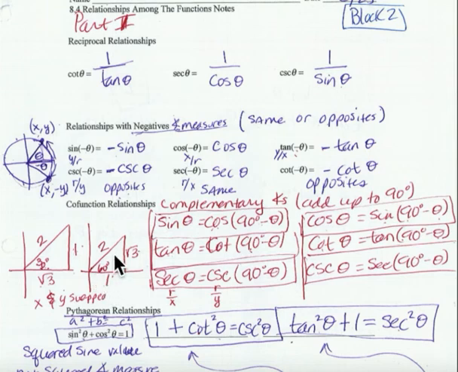If I put a 60-degree angle in quadrant 1, now the x and y coordinates have swapped, because now the opposite of the 30-degree angle would be 1, and the opposite of the 60-degree angle would be √3. So as you can see, the y and x coordinates swapped, which also means that sine and cosine swapped.